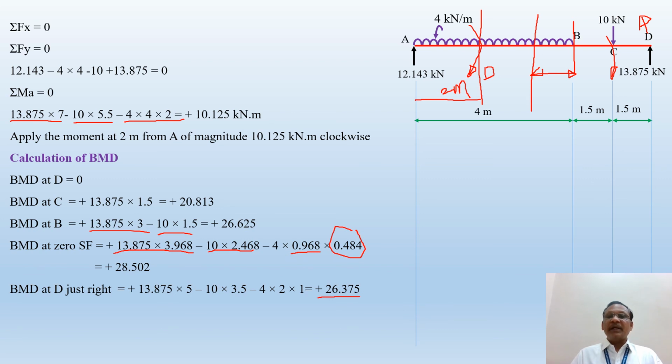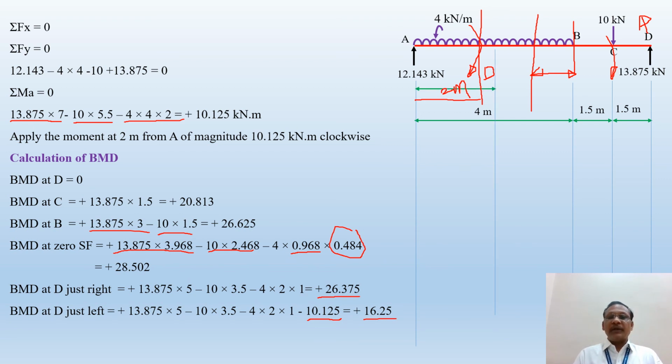Only addition is that a moment of magnitude 10.125, and it is acting in a clockwise direction. The sign is negative. So here I have considered 10.125. So the bending moment at D just left becomes 16.25, and the bending moment at A is 0. I have shown the couple, and bending moment at A is 0.